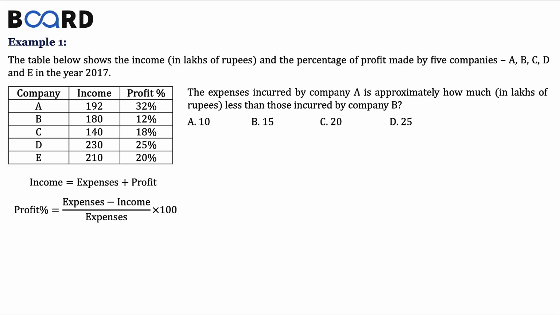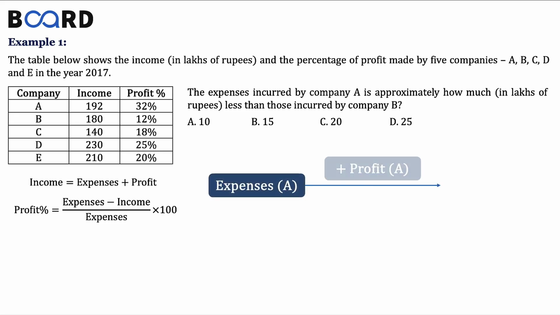The expenses incurred by company A, the cost price of company A, is approximately how much in lakhs of rupees less than those incurred by company B. So we just have to calculate the expenses of A, the profit of A, the income of A. That's how it's posed. So expenses plus the profit gives the income.